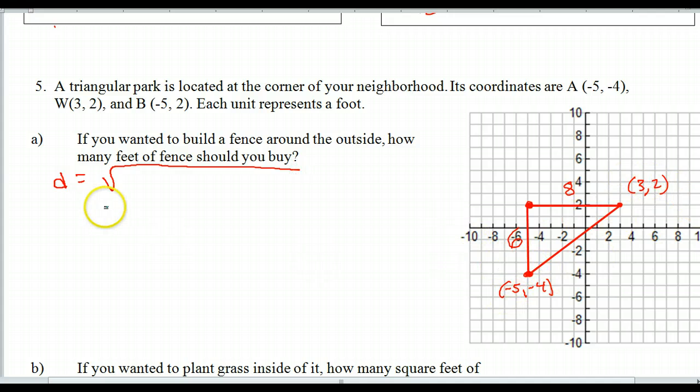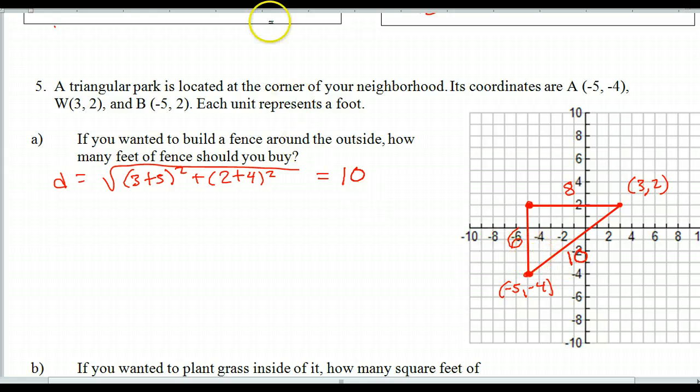I'm going to do 3 minus -5, which would be 3 plus 5 squared. Now y minus y, so that would be 2 minus -4. So I'm going to do 2 plus 4 squared. And I could put that in my calculator. That's going to give me 10.